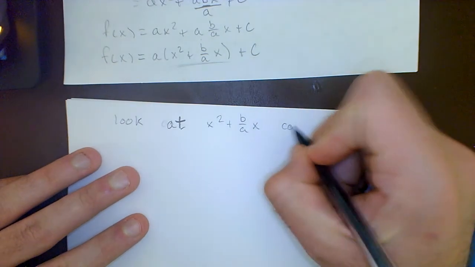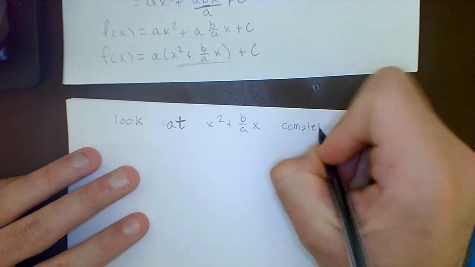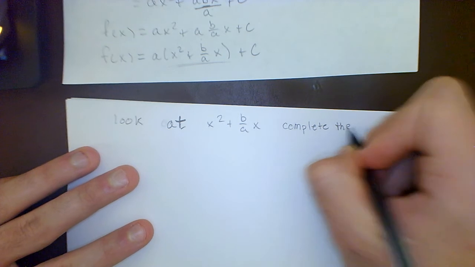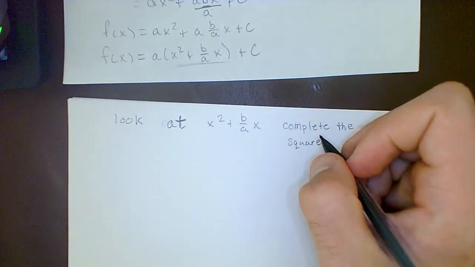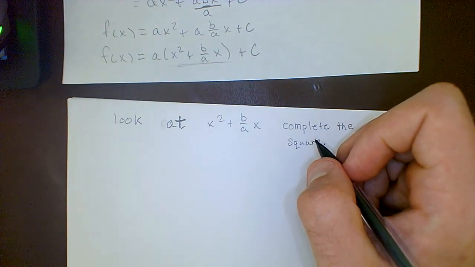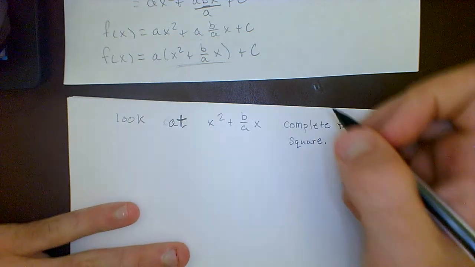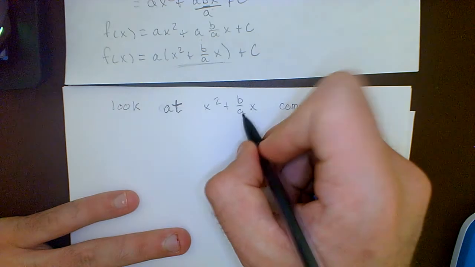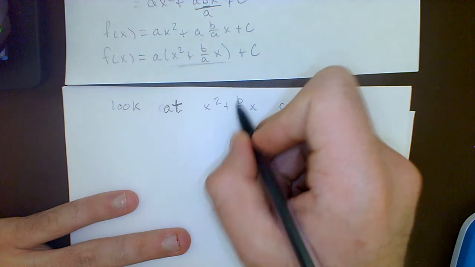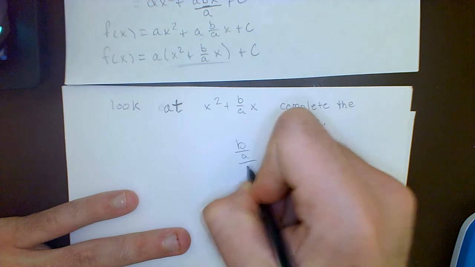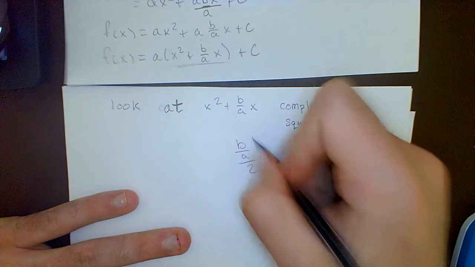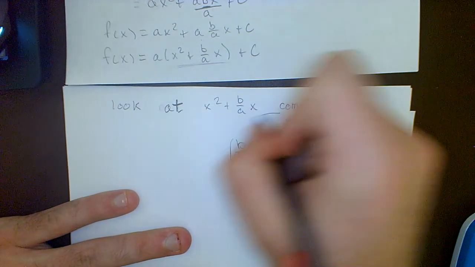And we have to complete the square. So what we need to do is take the coefficient in front of the x, b divided by a, divided by 2, and then square it.